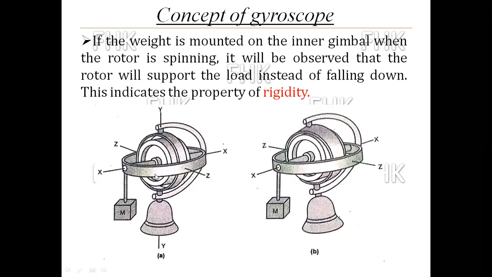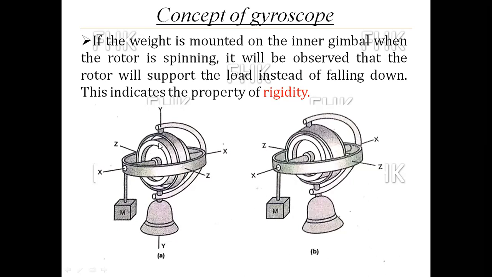That means if the motor is rotating about the x-axis, and during the rotation you apply a weight on the inner gimbal, that weight won't fall down due to the spinning of the rotor. That property is called rigidity. That mass won't fall down due to the spinning of the rotor.